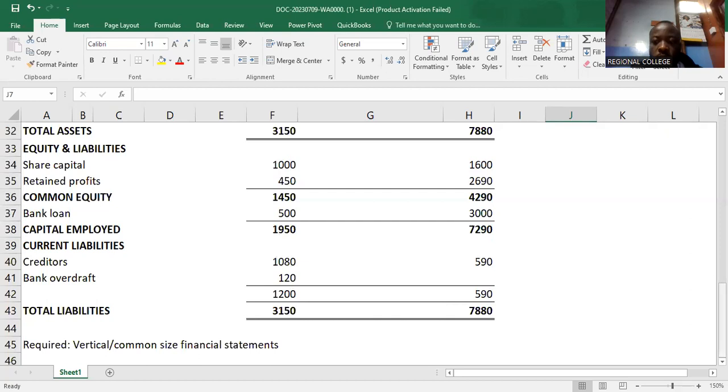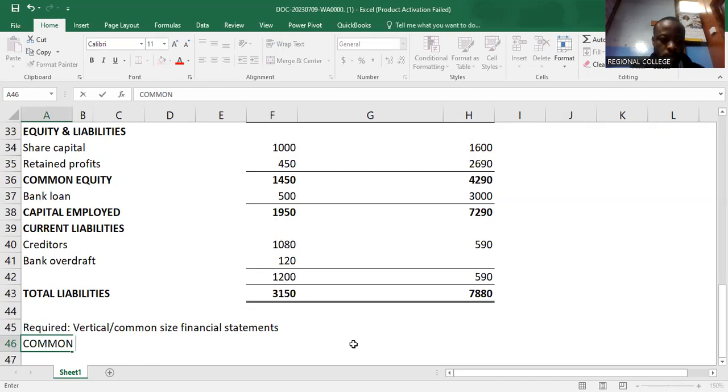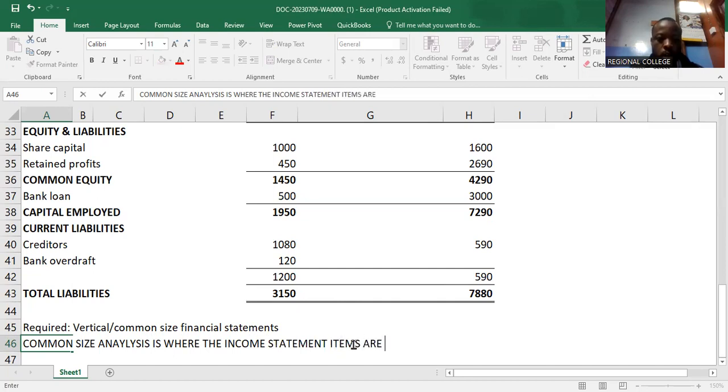So the question is, what is a common size analysis? A common size analysis is where the income statement items are expressed as a percentage of revenues, or you can call it sales.